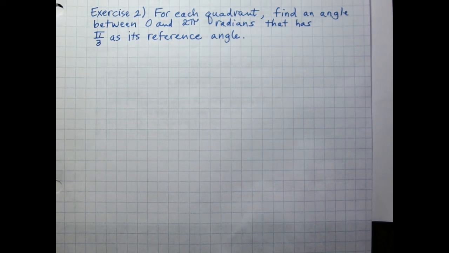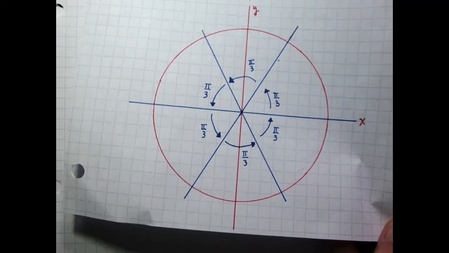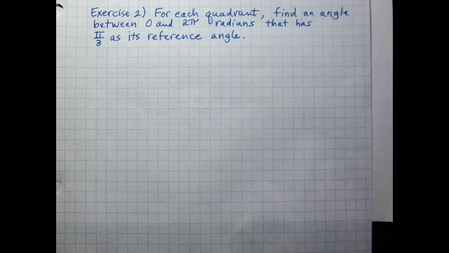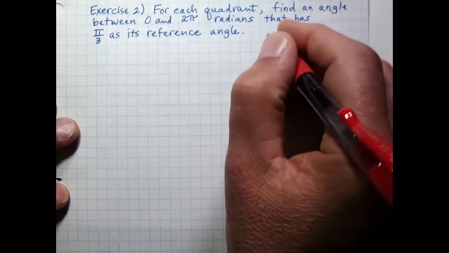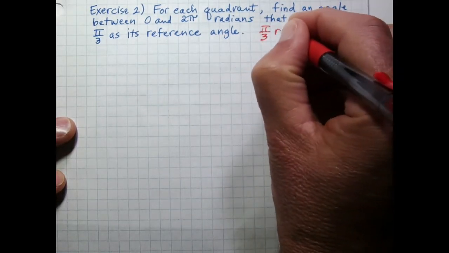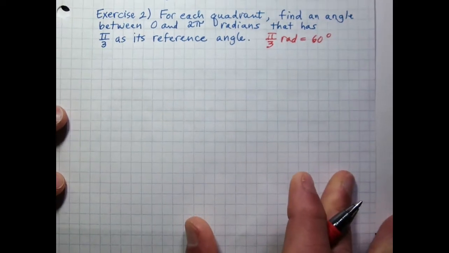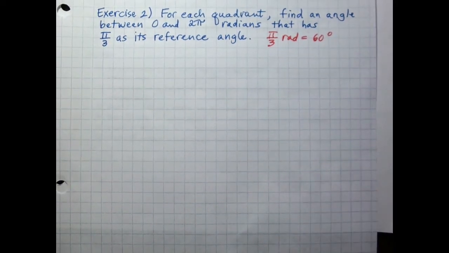reference angle. Just before we start the problem, I'm just going to flash up here our little chart where we indicate the multiples of pi over 3, right? Remember, pi over 3 is 60 degrees. And if it helps you to think in terms of degree measure, that's just fine.